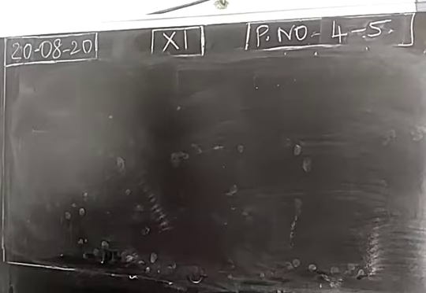So equilibrium is always dynamic in nature. Then, like physical and chemical equilibrium, we have one more classification, homogeneous and heterogeneous equilibrium. This is based on the physical state of reactants and products. If all the reactants and products are in the same phase, it is homogeneous equilibrium. If the physical states are different, we call it heterogeneous equilibrium.